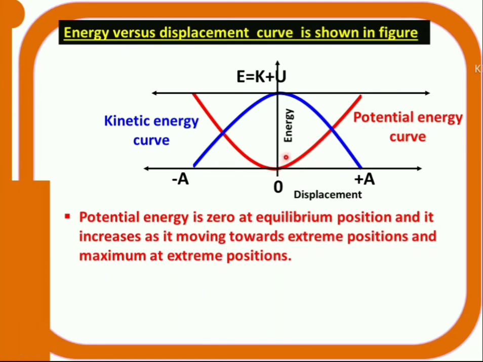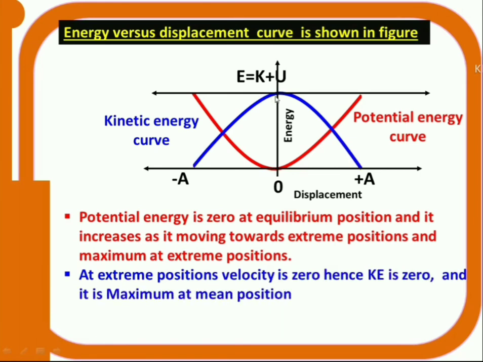As you move away from the mean position, potential energy is increasing and it is maximum at the extreme positions. That's why at plus A and minus A, the red curve is maximum, and it decreases as it comes towards the mean position. At the same time, kinetic energy is maximum at 0, that means maximum at the mean position, and it decreases towards the extreme positions, because the velocity of the body is maximum at the mean position and decreases towards the extreme positions, and at the extreme position the velocity is 0.